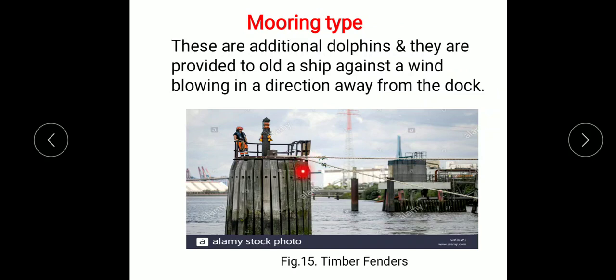Here we can see the number of piles are enclosed with each other, and here we can see a fender is provided to avoid the damage of ship against a wind current. So this is about the mooring type of dolphins. So with this we will stop here.